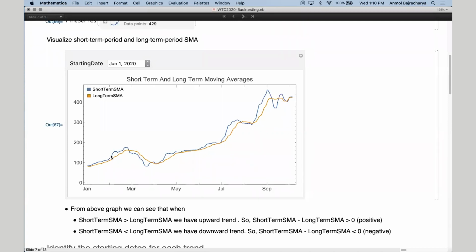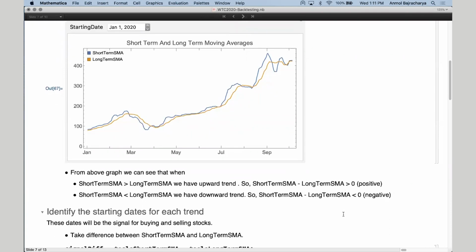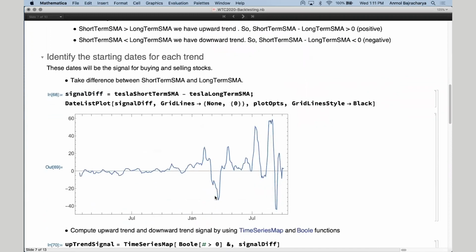For a downward trend, the short-term moving average is less than the long-term moving average. This is the same as taking the difference of these two indicators: for an upward trend, the difference is going to be positive, and for a downward trend, the difference is going to be negative. So all the upward trend is going to be above zero, and all the downward trend is going to be below zero.